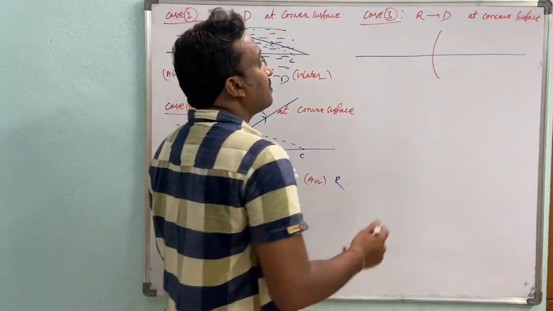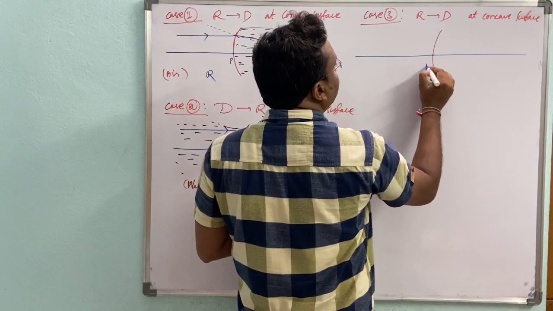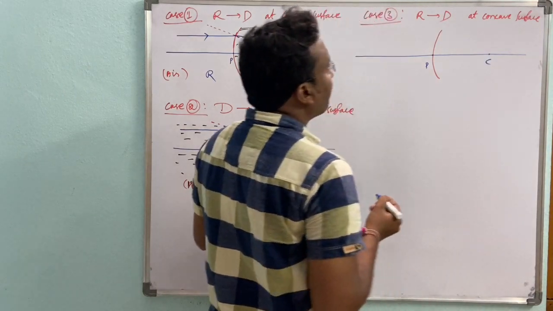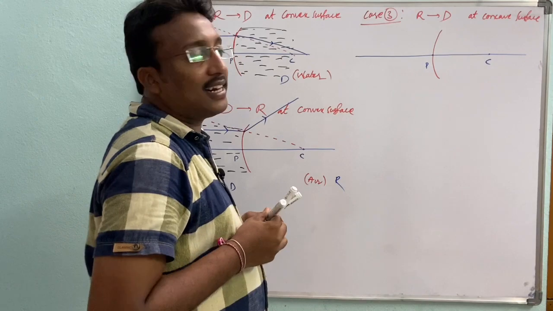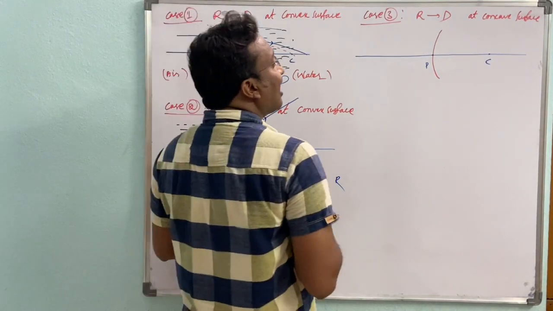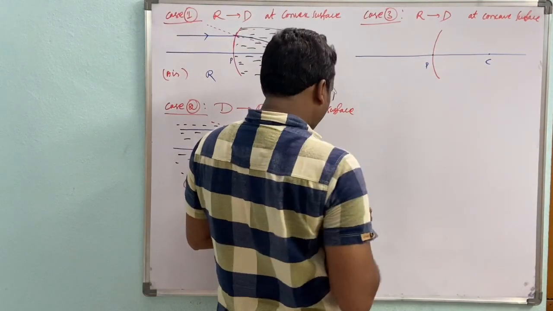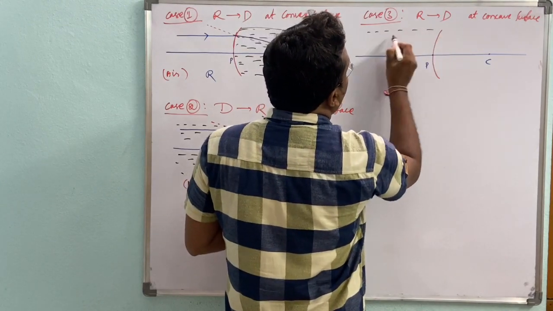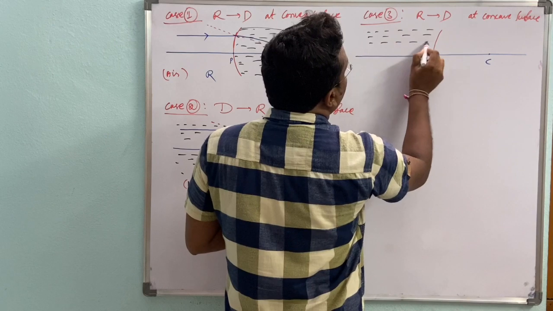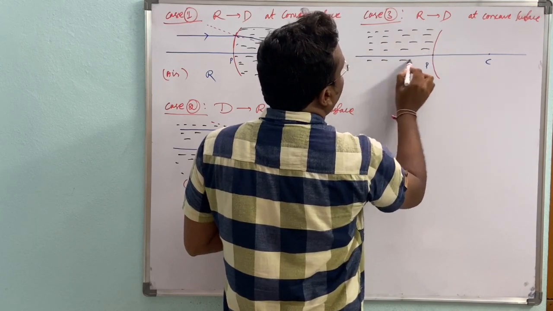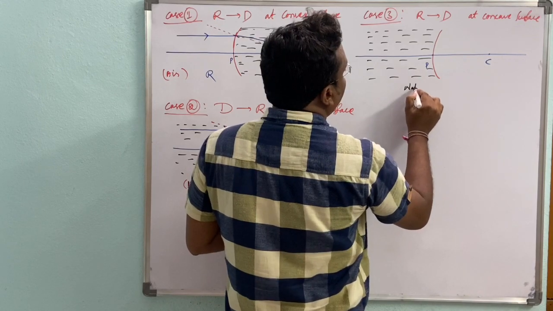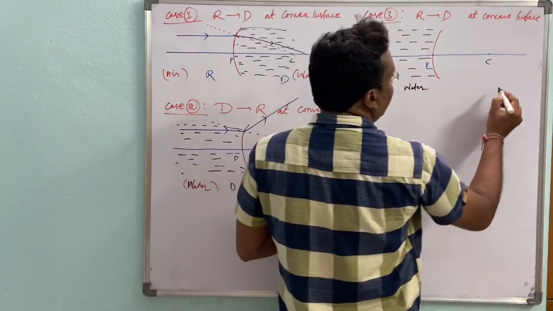Pole, center of curvature, rarer to denser medium on a concave surface. Right. Here I have taken water on this side, and here air.